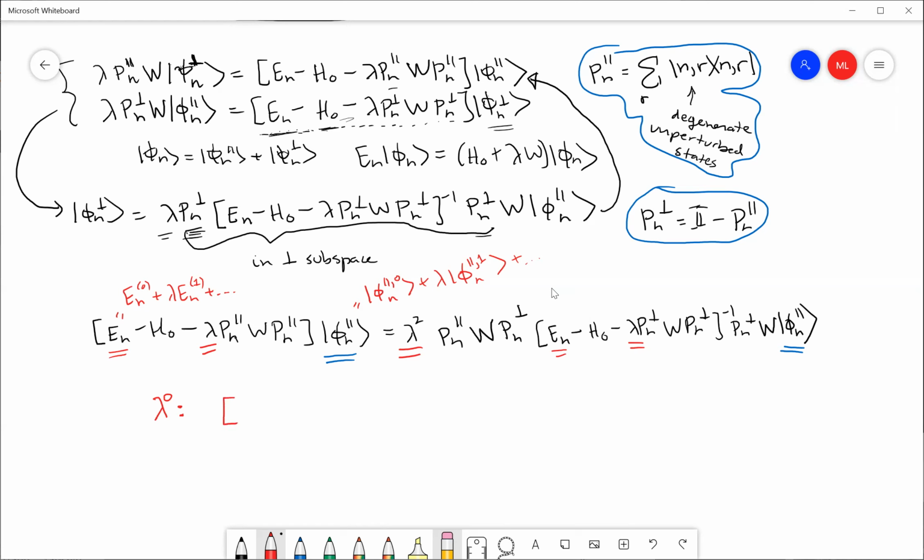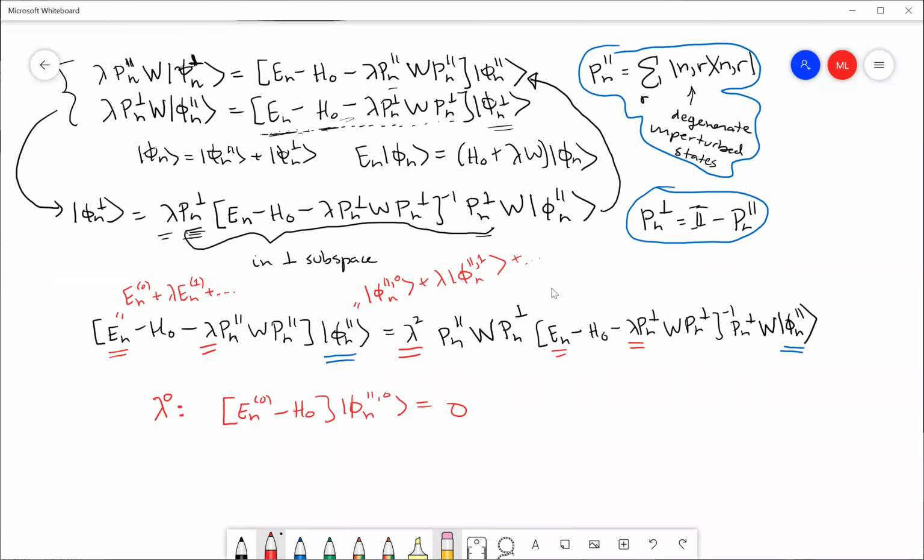This becomes En0 minus H0. This goes away, and this is phi n parallel 0 is equal to 0, right?